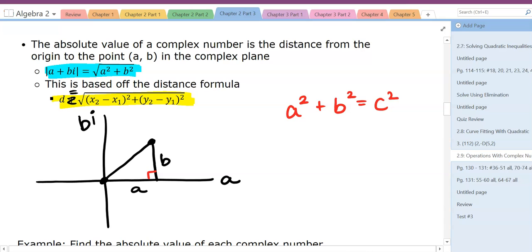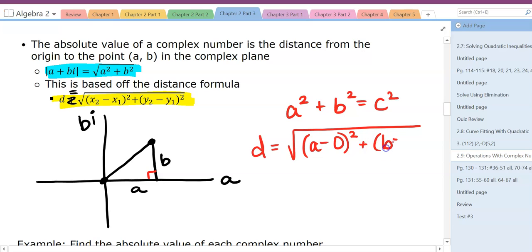So to do that, you're still going to have your big square root sign. You're going to take your a minus 0 and square it, and then your b minus 0 and square that, which is how they're getting a squared plus b squared, which is what I have highlighted up there in the blue. So this is just showing you how they got that equation, a squared plus b squared, and where it came from.